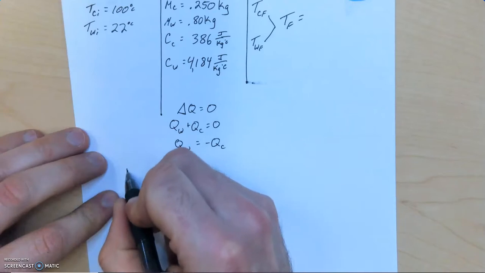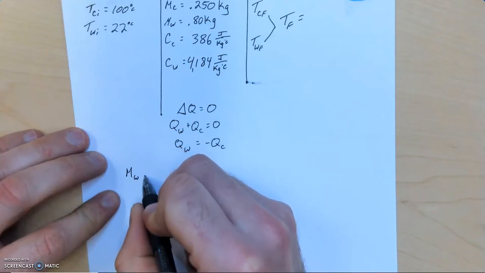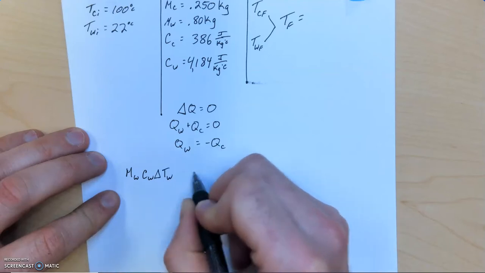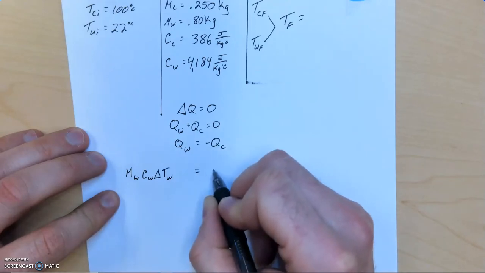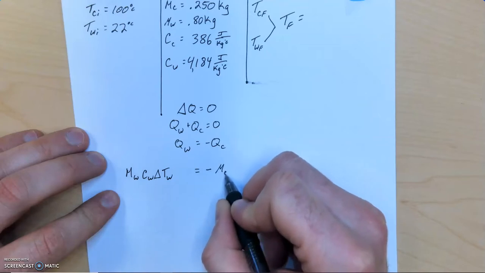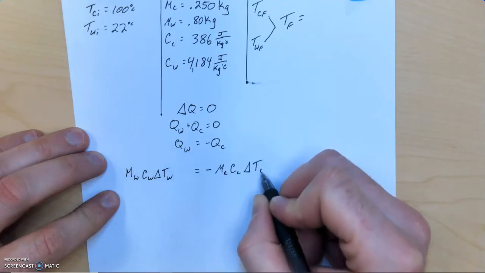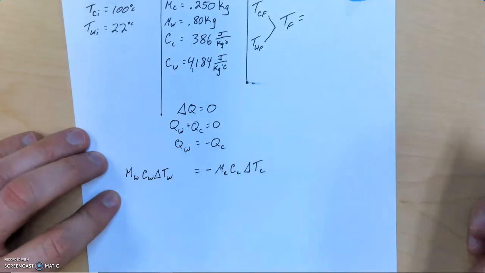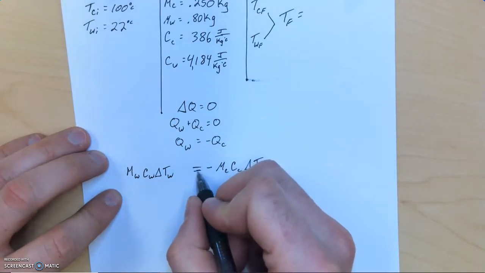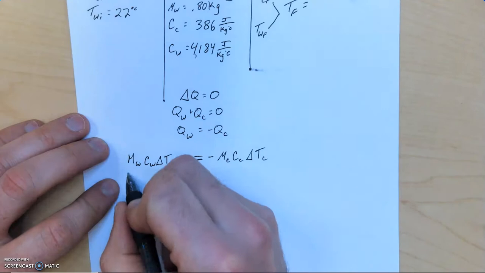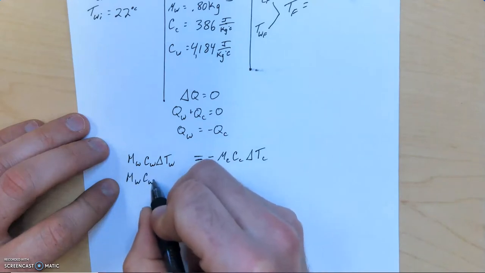So mass of the water, specific heat of the water, times the temperature change of the water is going to equal minus the mass of the copper, specific heat of the copper, and the temperature change of the copper. Okay, I'm going to try and keep my equal signs in the middle as we go back and forth. All right, so mass of the water, let's spread this out.